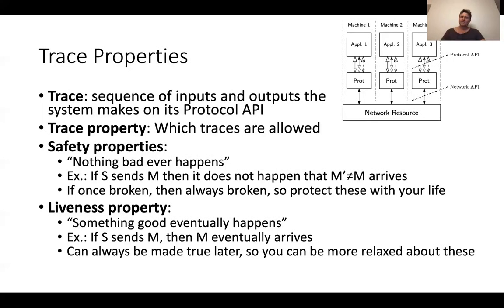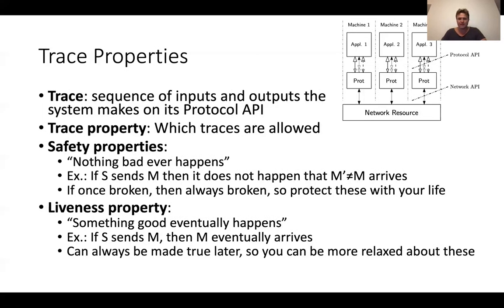When we do that, there's a very important distinction that we will return to several times in the course. So let me spend a little bit of time on that already today. It is the distinction between safety properties and liveness properties. Both of them are trace properties. It's something we would like the system to do or not to do.